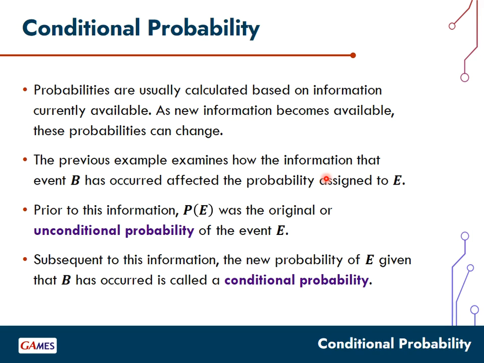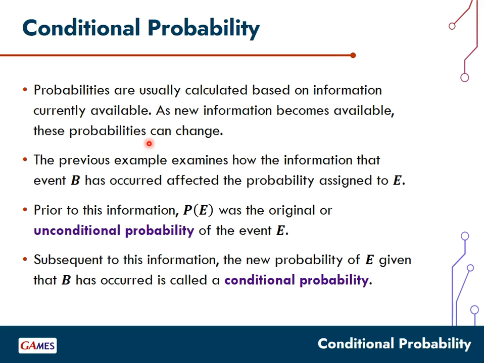As I mentioned earlier, in the previous case, which is what we looked at in the last session, you're calculating the probabilities based on information that you have about the outcomes you're about to explore. As new information arises about other events that have taken place, it can affect the probability of the event you're trying to explore.